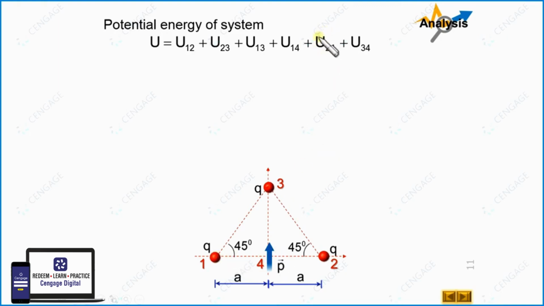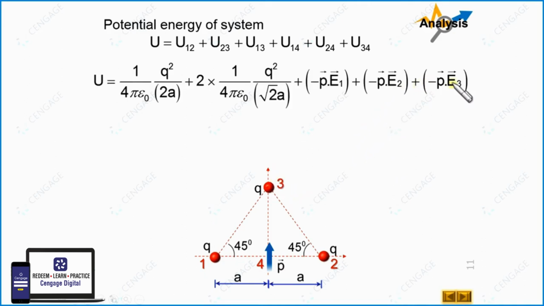For U24 we can write minus P dot E2, and similarly for U34, that means dipole and charged particle, we can write the same formula, minus P dot E3. So this is the expression for the potential energy.